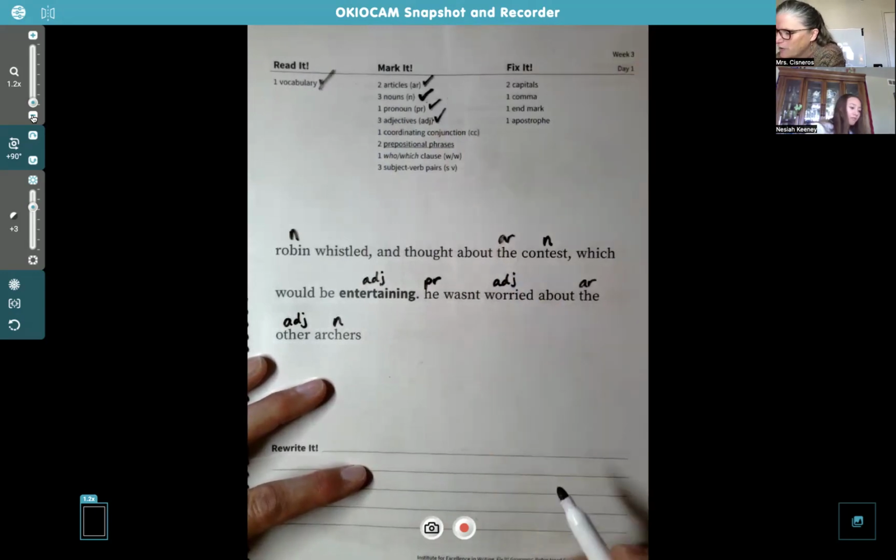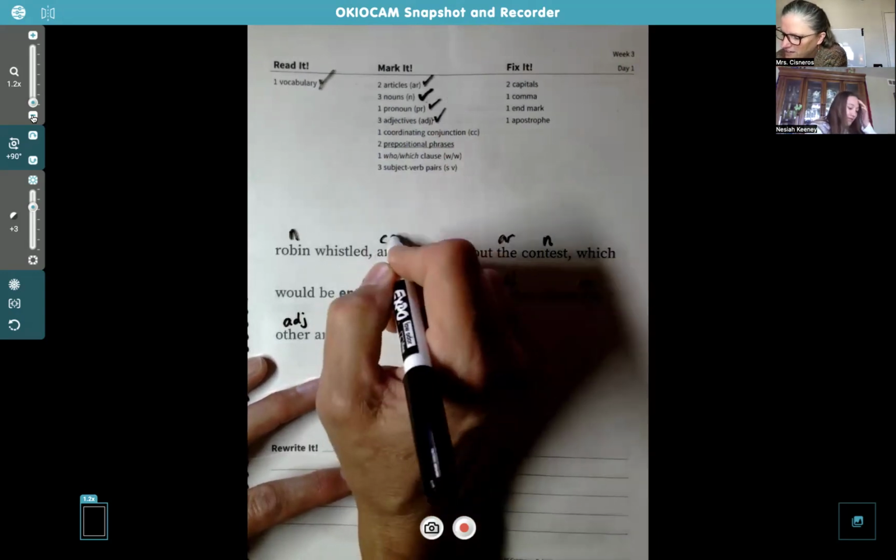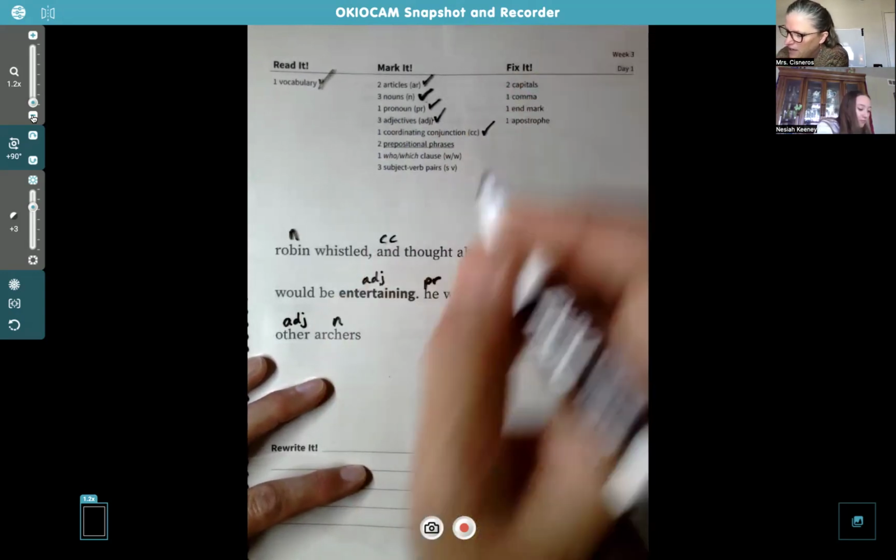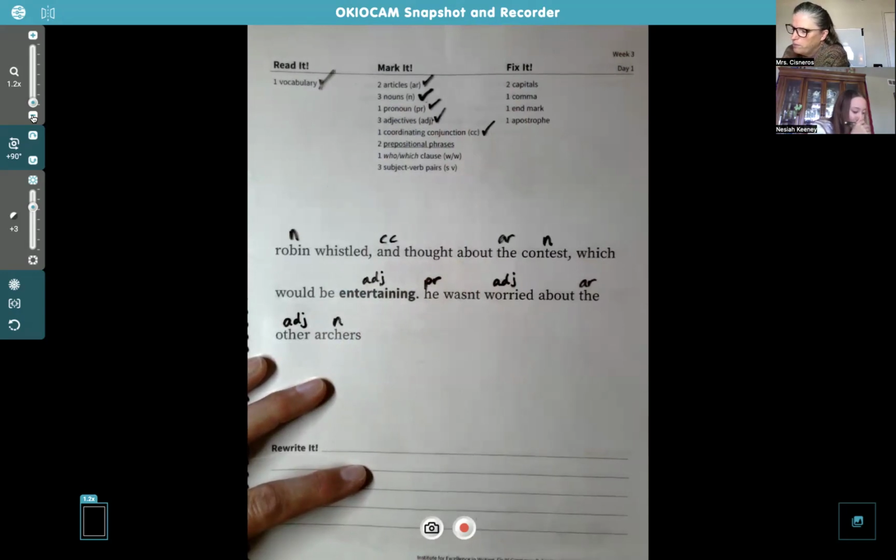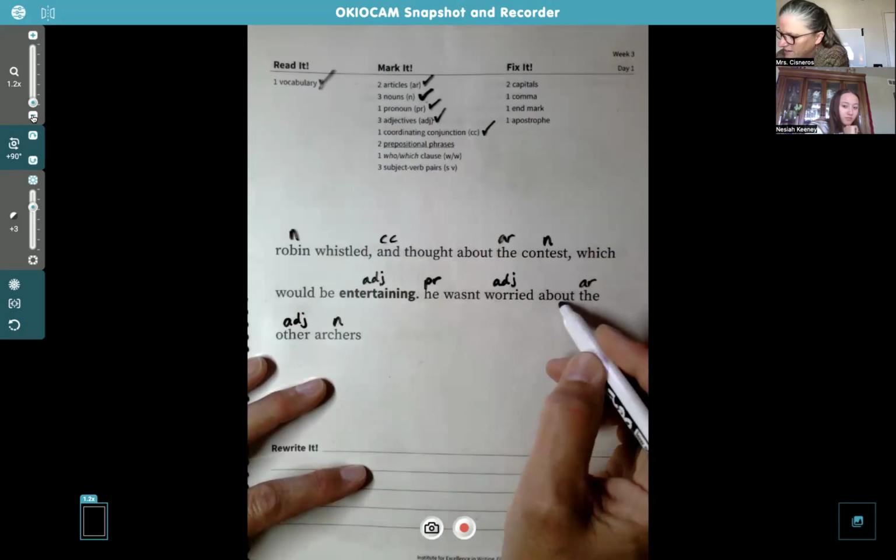All right. And then the coordinating conjunction? And. Good. And prepositional phrases. About the other archers? Yes, that is one.